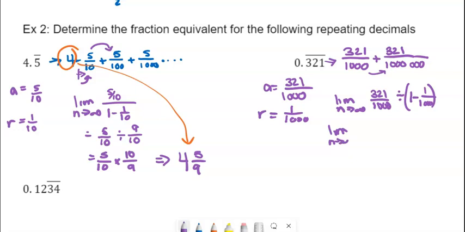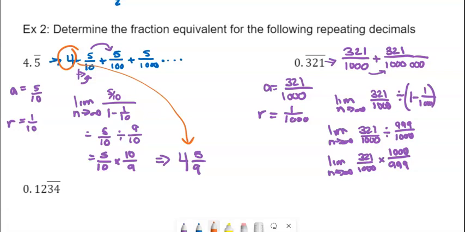The limit as n approaches infinity is 321 over 1,000. 1 minus 1/1,000 is 999 over 1,000. Keep flip change. I can cancel those common factors. And so the limit here is 321 over 999.